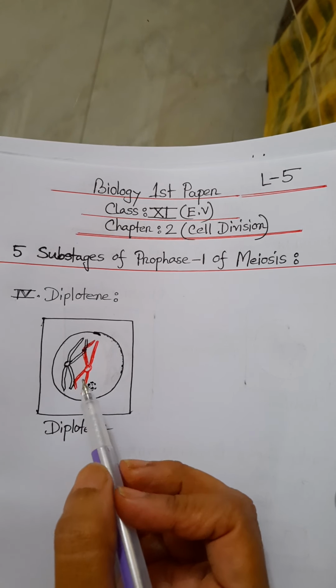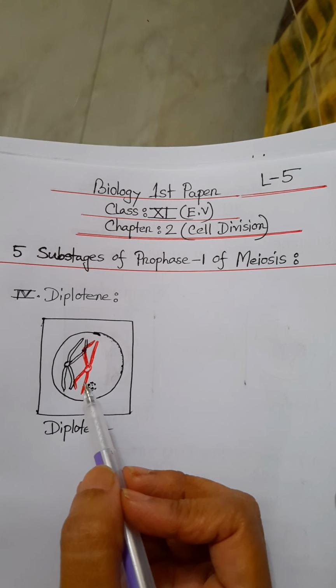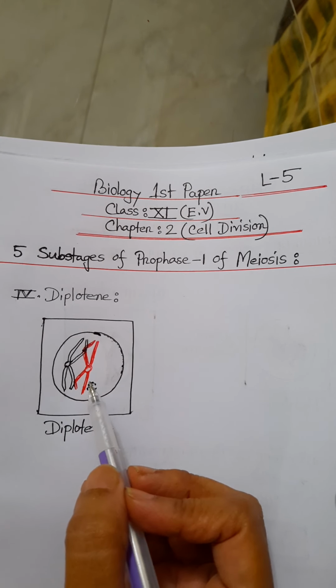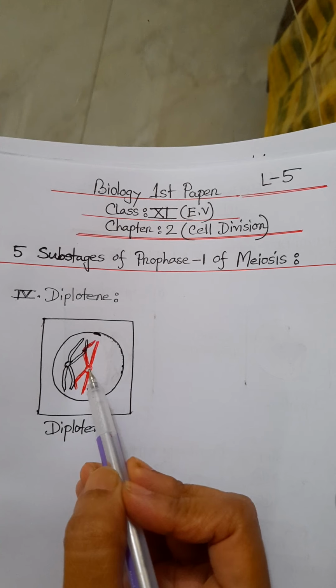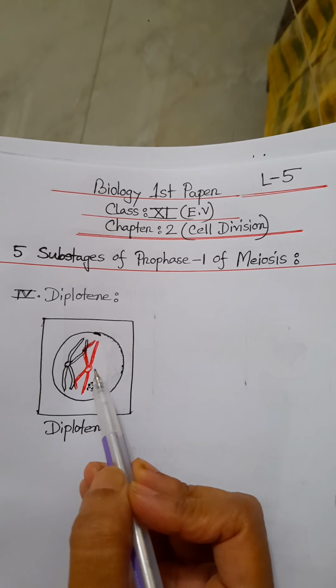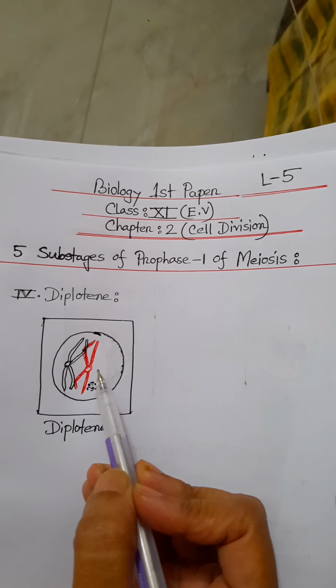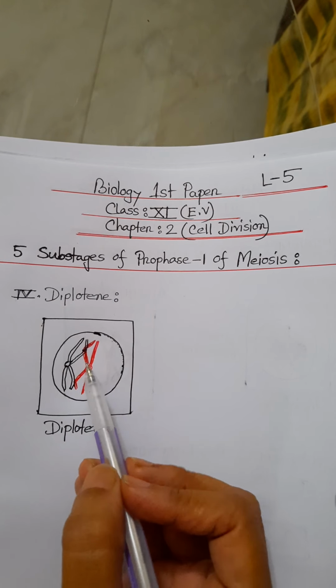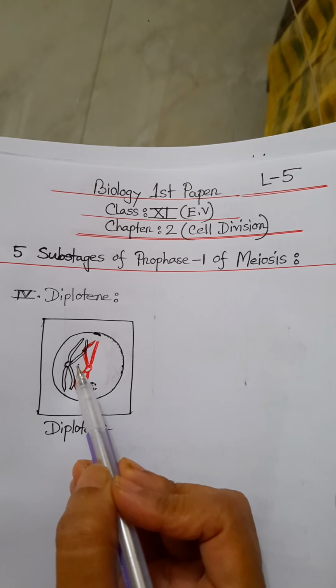This repulsion starts at different places simultaneously. Generally it starts vigorously near the centromere. As a result of repulsion, a loop is formed between the chiasmata. Here you can see the loop formation.